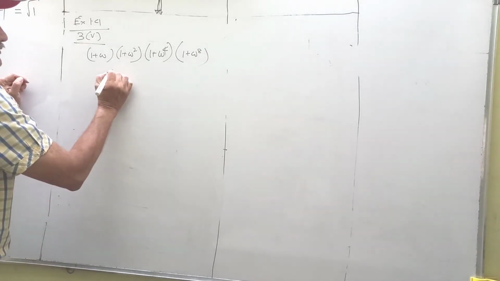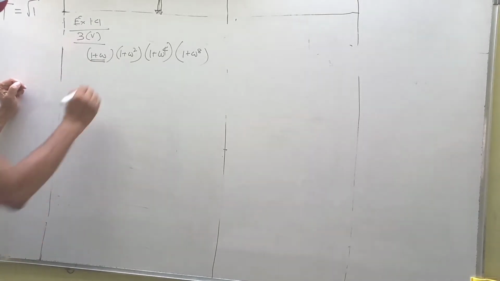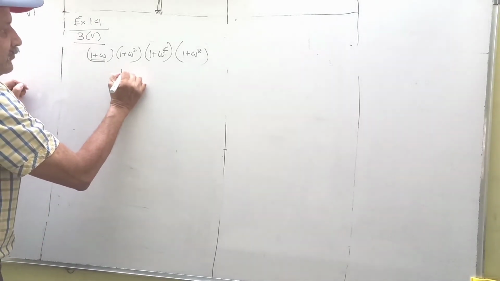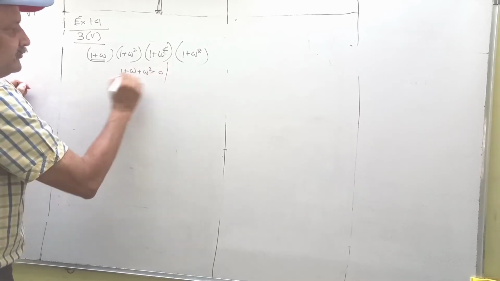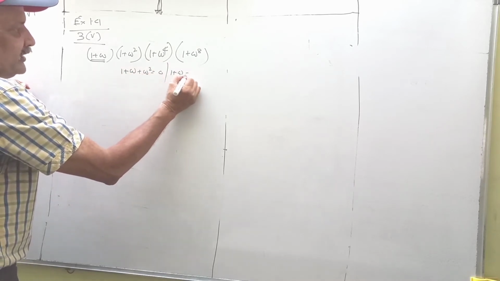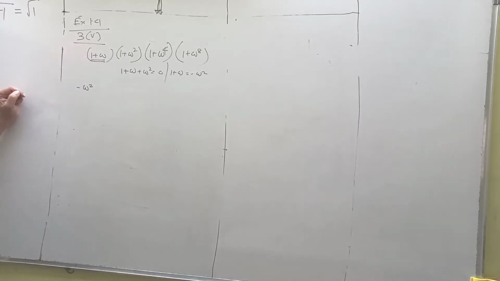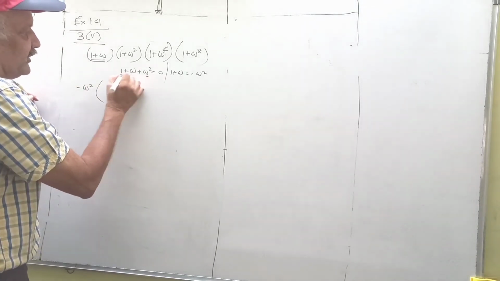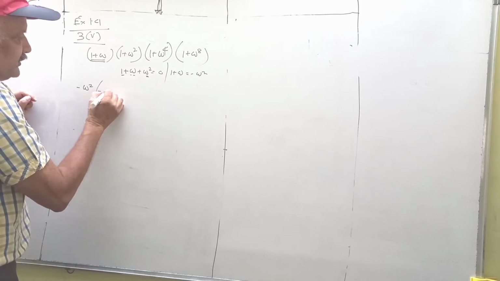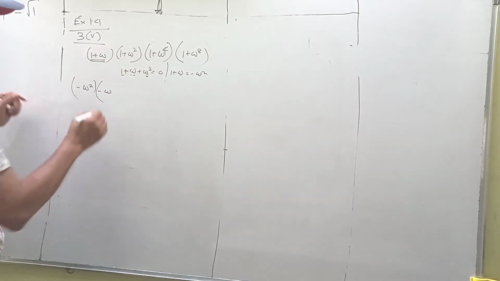Now we have 1 + ω + ω² equal to 0, so I am keeping 1 + ω equal to −ω². Same way, 1 + ω² equals −ω.